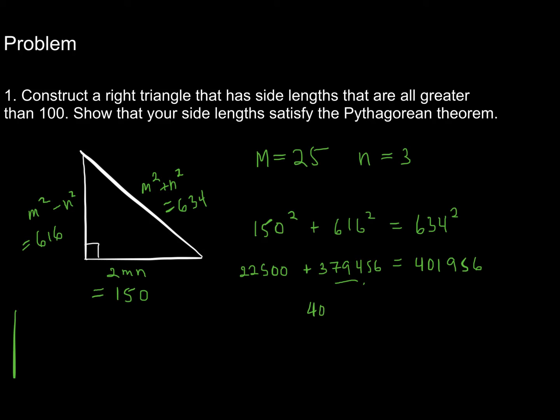And so the Pythagorean theorem proves that these quantities work as the side lengths of a right triangle. I encourage you to try a couple of different options on your own, just so that you feel familiar if you haven't already, if perhaps your choices of m and n didn't work out the first time. And then let's go ahead and work on a couple of more problems on your own that we can present in class.